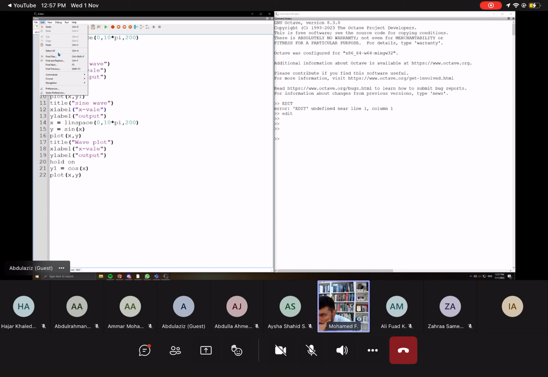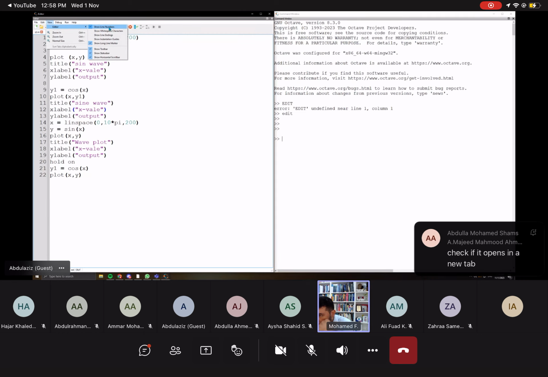Edit. Yeah, no. Run, go to run. Let's see. Because I need to return it to the same style. No. Go to edit again. Find and replace, because I can't see very well. View. Yeah, editor on the top.